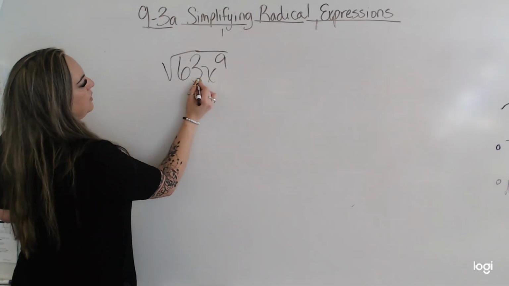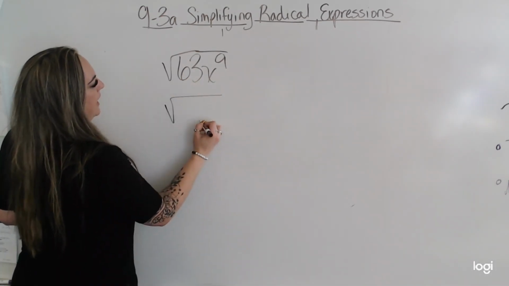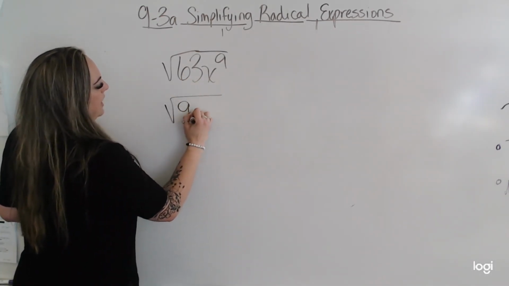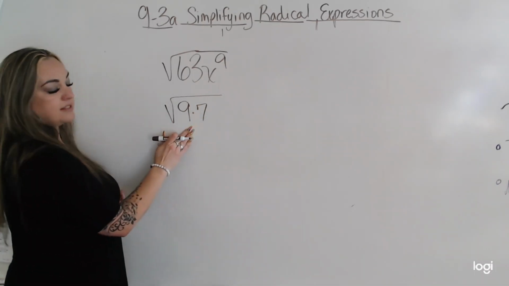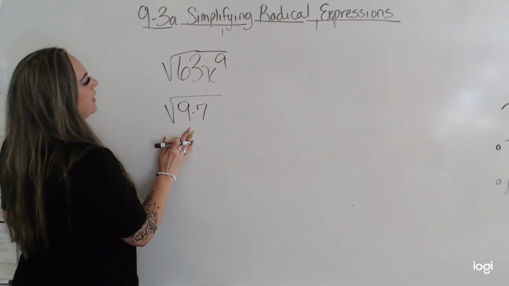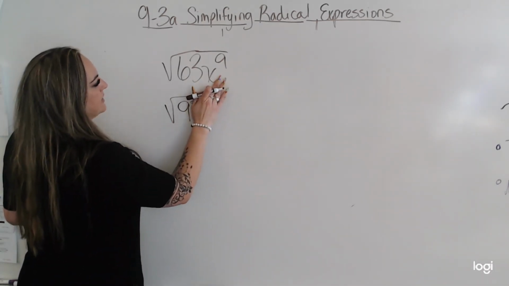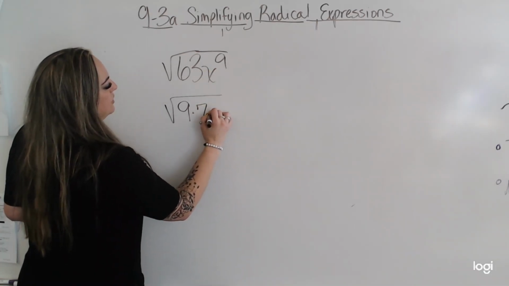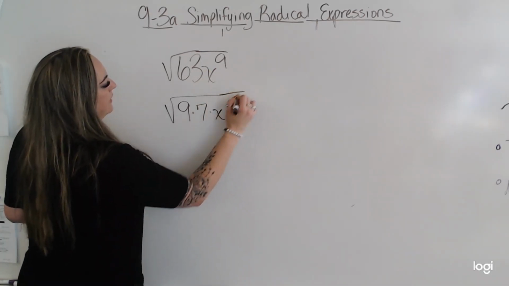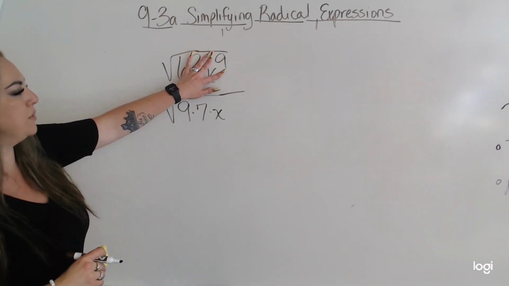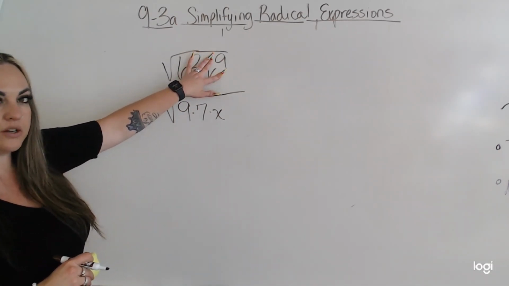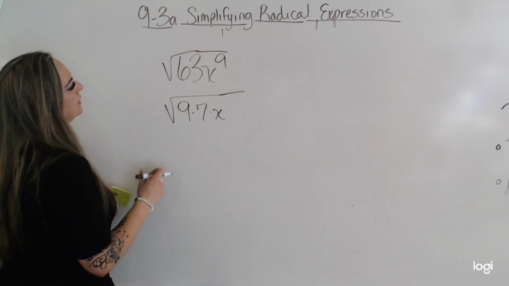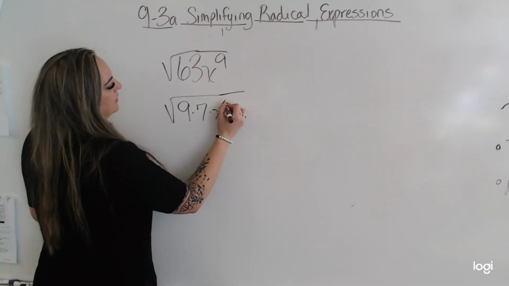So we can rewrite 63 as 9 times 7. 9's a perfect square. And then x to the 9th, think about what numbers are perfect squares in here, and we can factor that out.